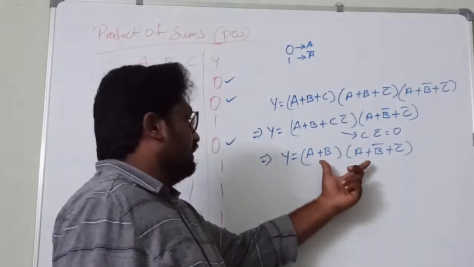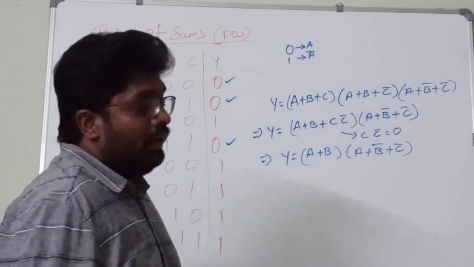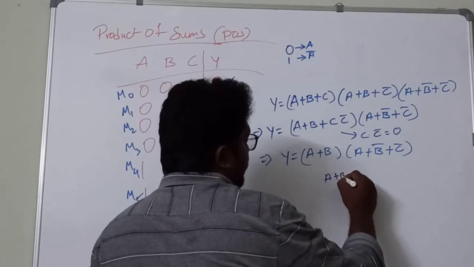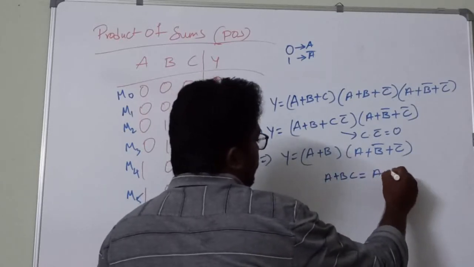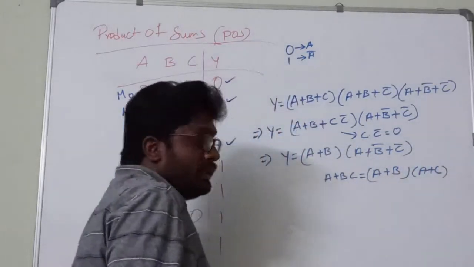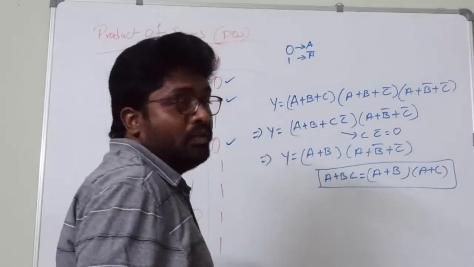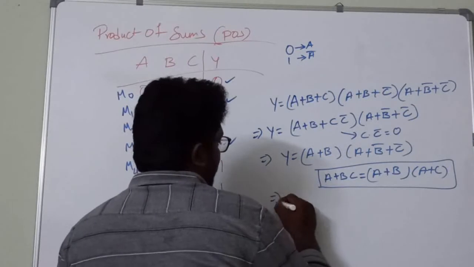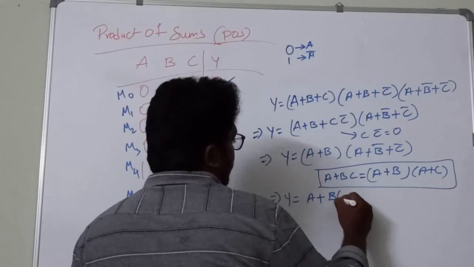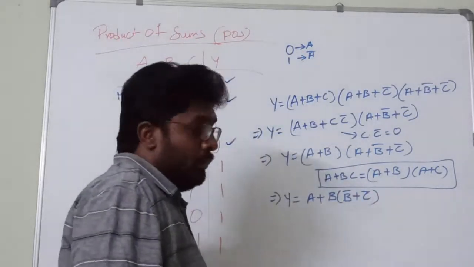If you observe here, in both expressions we have A as common, right? So by using the distributive law, which says that A plus BC is equal to A plus B into A plus C, I am reducing the above function, that is y is equal to A plus B into B complement plus C complement.